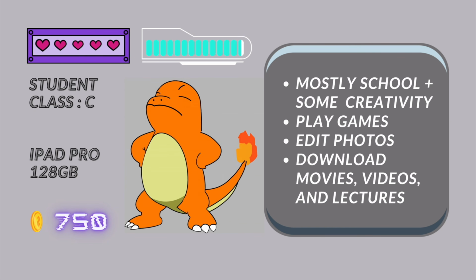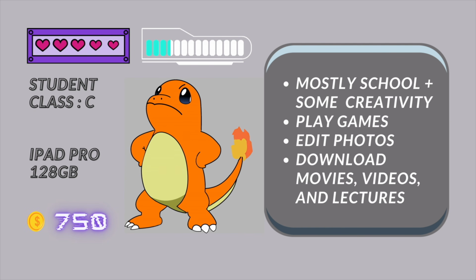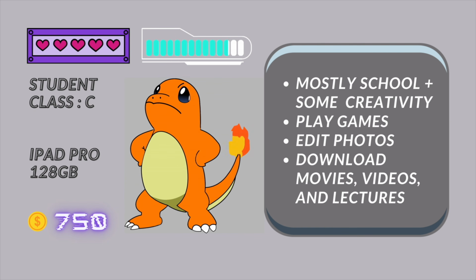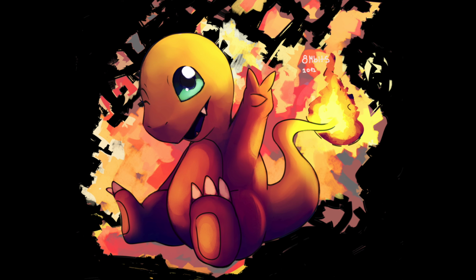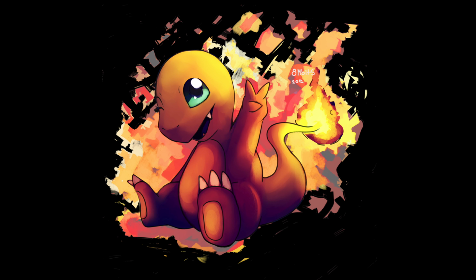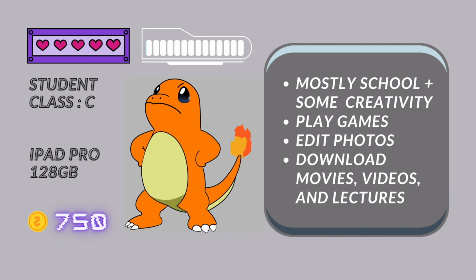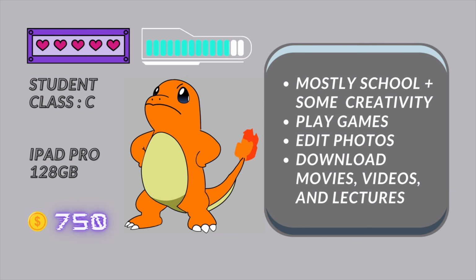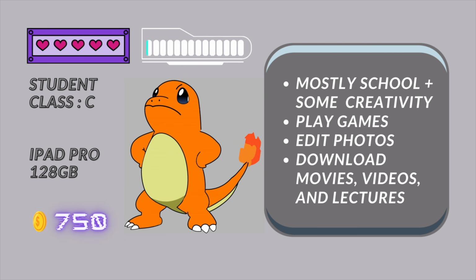If you are a Class C student, meaning most of your iPad is for schoolwork, but you also have a spicy side. You have an inner flame for passions, and you want to throw in some creative hobbies and entertainment. Well, then you'll want to go with at least the iPad Pro 128 gig, because storage is probably going to be the main deciding factor for you.